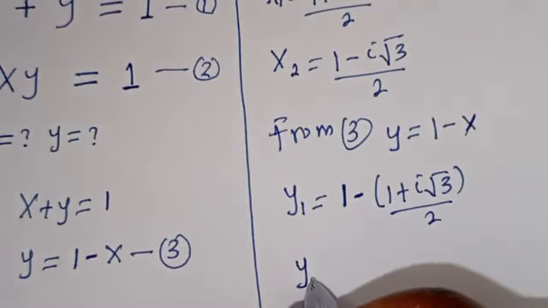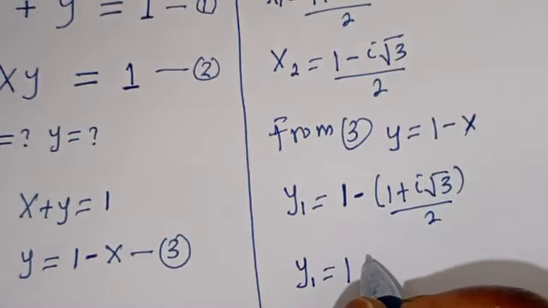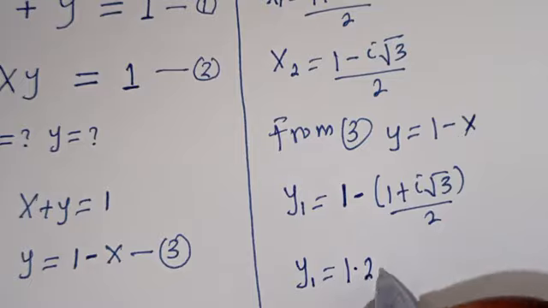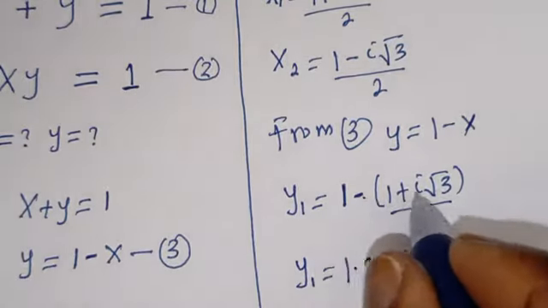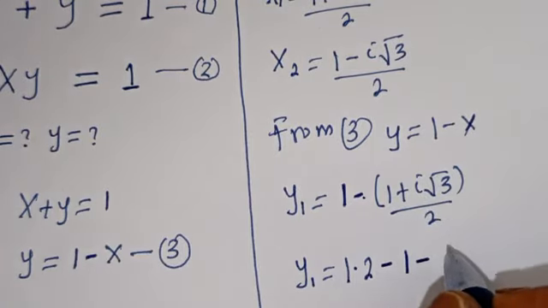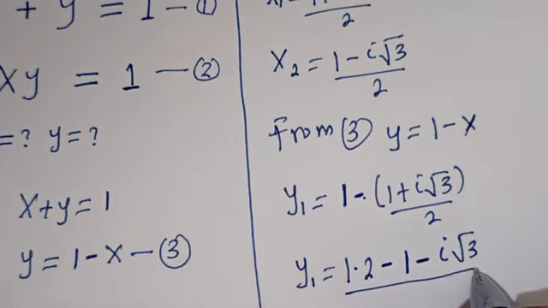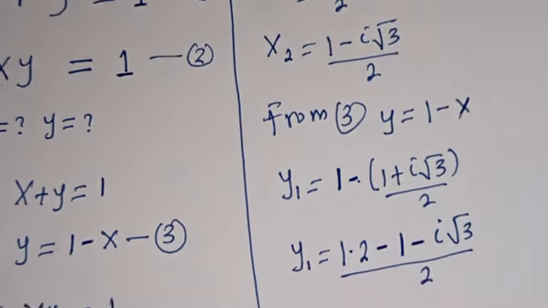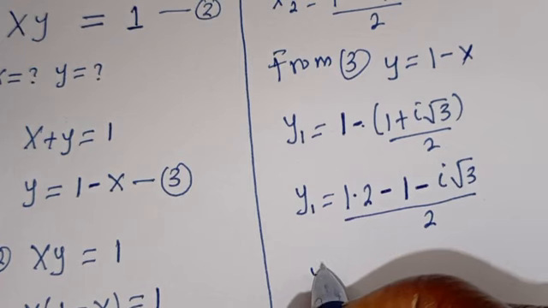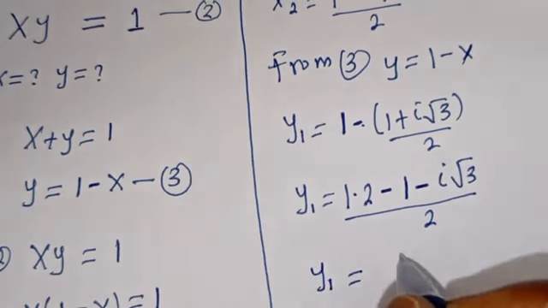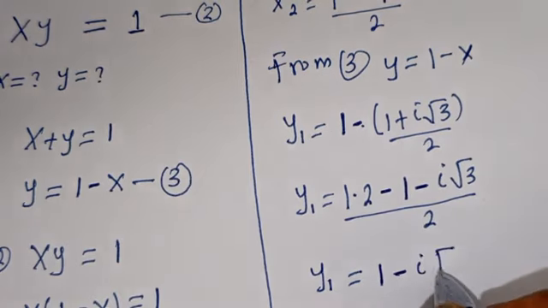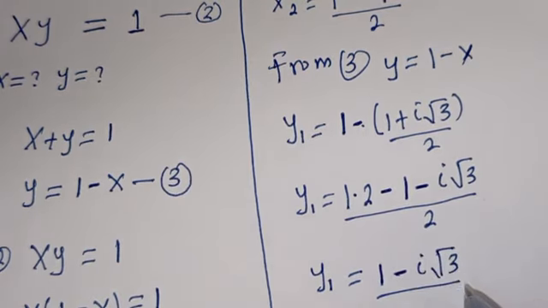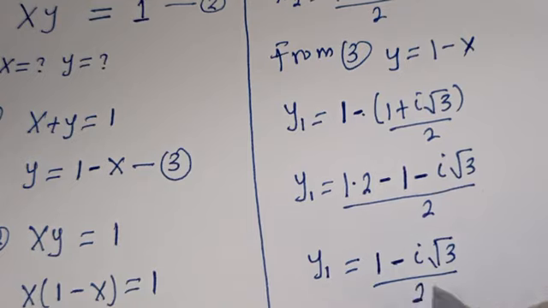Now y1 is equal to 1 multiplied by 2 minus 1, then minus times plus, that is minus i square root of 3, divided by 2. Y1 will be equal to 1 minus i square root of 3 divided by 2.